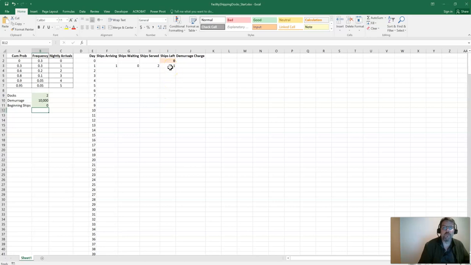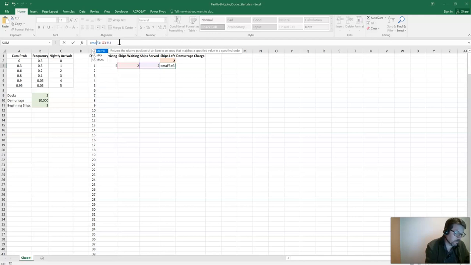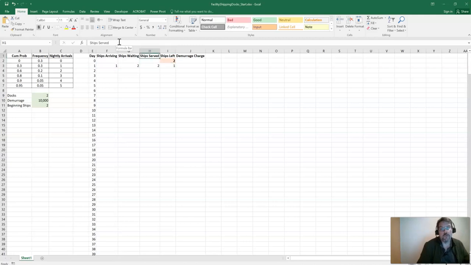I can't have negative ships left. So I really have to say this is the max of that calculation, or 0. You might want to call this capacity instead of ships served, but I left it ships served for now.